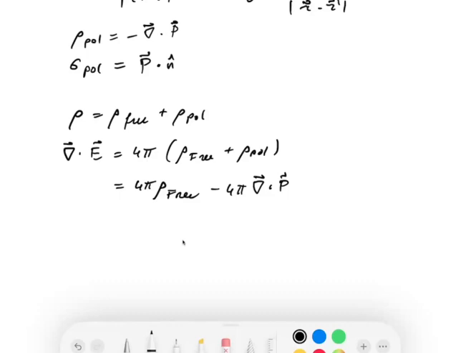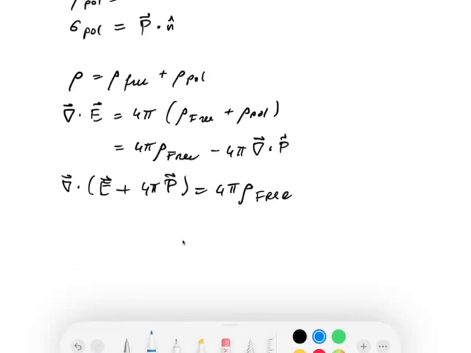We can move this whole thing over to the left and then call this thing E, and now it becomes positive, plus 4 pi P. And then on the right-hand side, we simply have 4 pi rho free. And now this thing we call D. It's the displacement field.